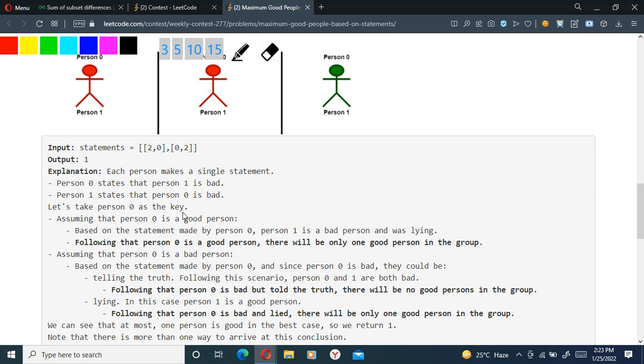Assuming that person 0 is a good person, based on the statement where the person was bad and was lying. Following that, if person 0 is a good person, there will only be one good person in the group. Assuming that person 0 is a bad person, if there is a value that is 1, there could be multiple choices. Either that could be bad or that could be the truth.